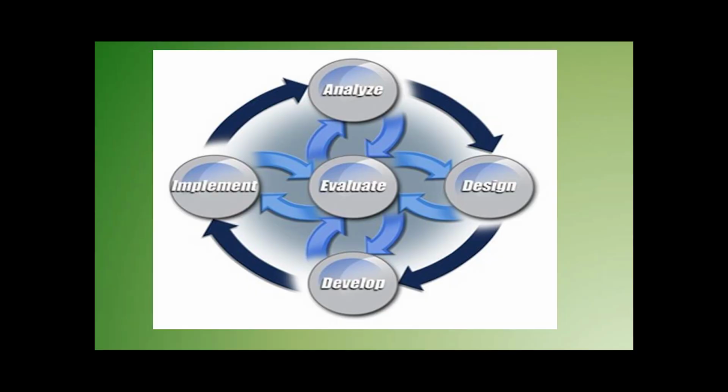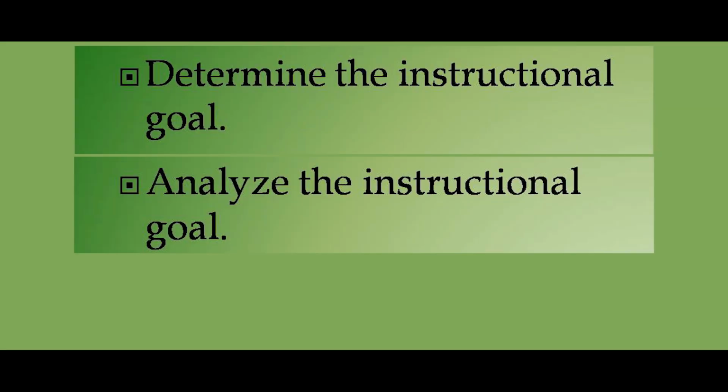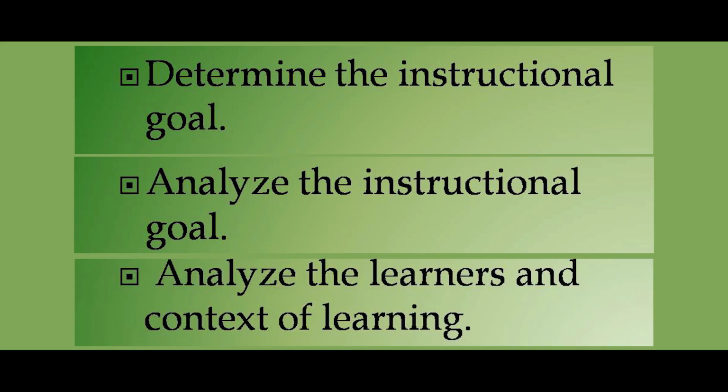The next topic that we are going to discuss is regarding the phases of systems. The first phase of systems approach to instructional design is system analysis. It includes determining the instructional goal, analyzing the instructional goal, and analyzing the learner and the context of learning.